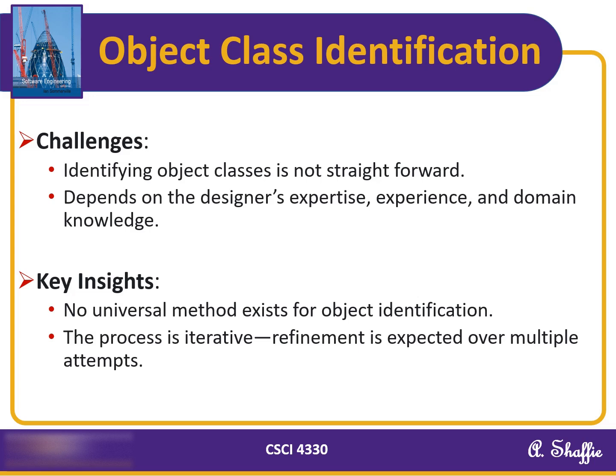Here are some key insights to keep in mind. There is no universal method for identifying object classes. The best approach will vary depending on the system and its requirements, and the process is iterative, meaning refinement and multiple attempts are often necessary to get it right.